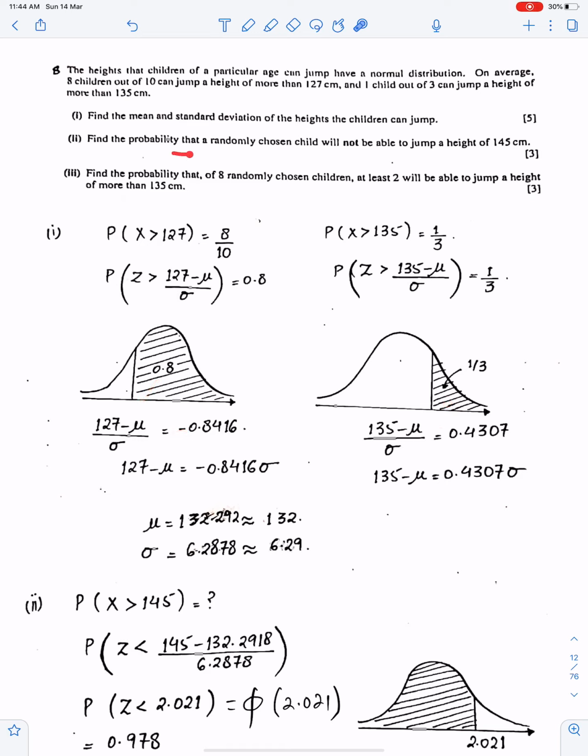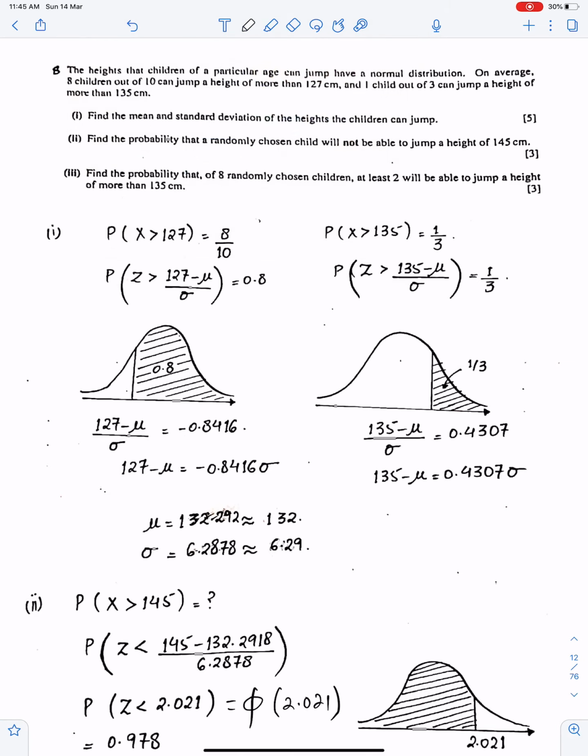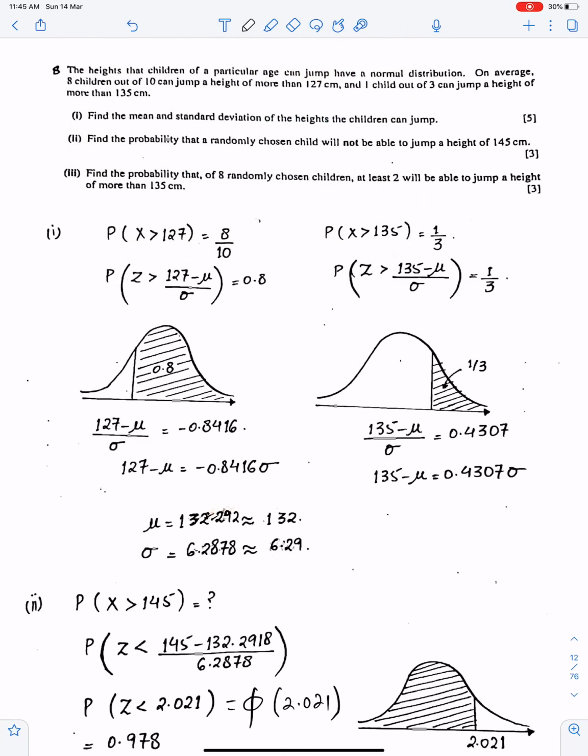Part 2, find the probability that a child will not be able to jump a height of more than 145. Let me correct this. We need this probability.